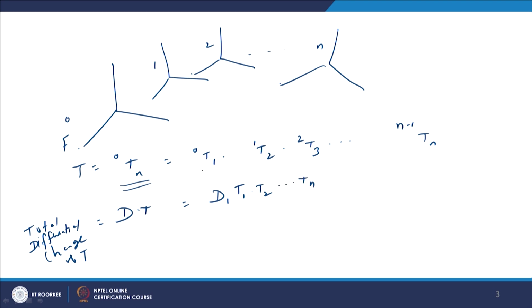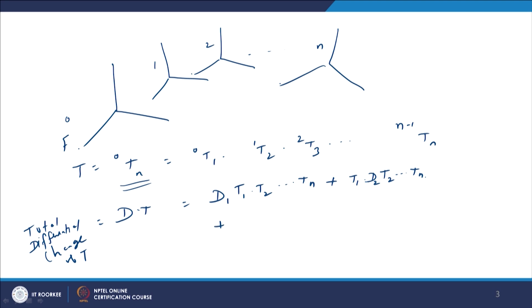So, we consider the change that has happened in the first coordinate frame and multiply all this, plus the change that has happened in the second coordinate frame, that is D2, times T2 up to Tn.